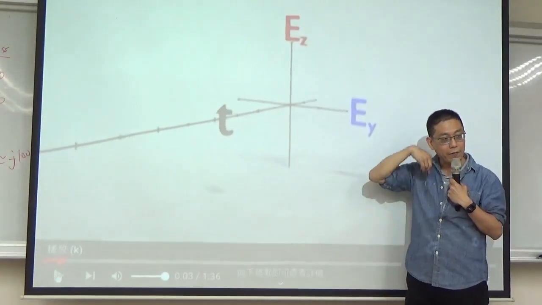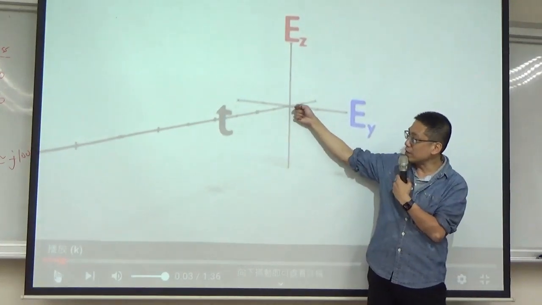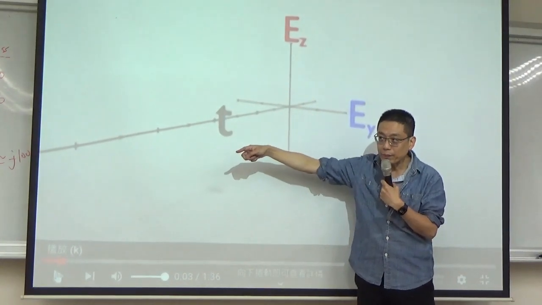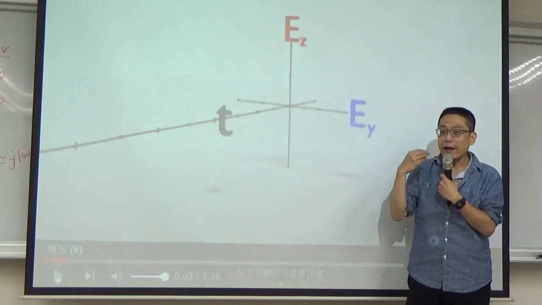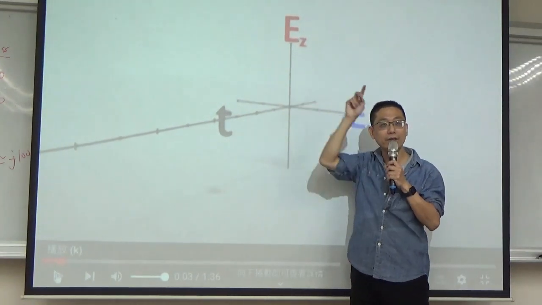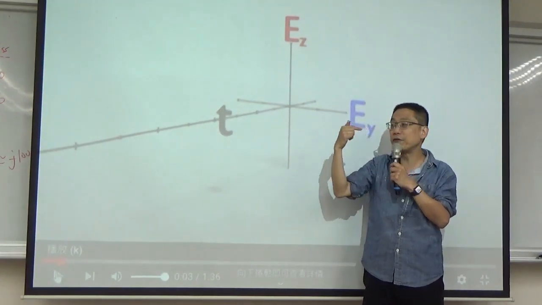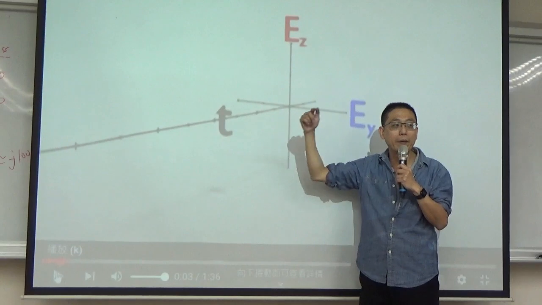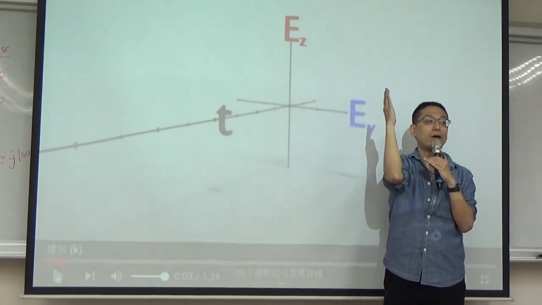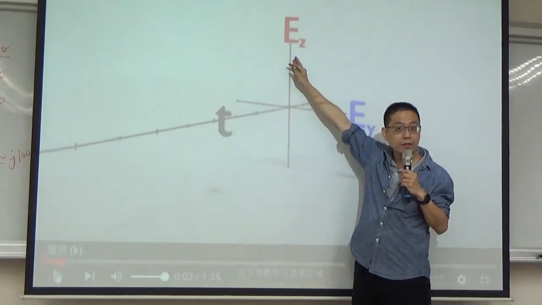You just have another E field which is still moving in X direction, but your E field has a component of only Z direction. These two E fields, both of them are moving in X direction, but they have only Y component and Z component.